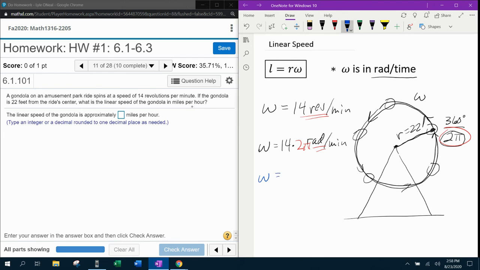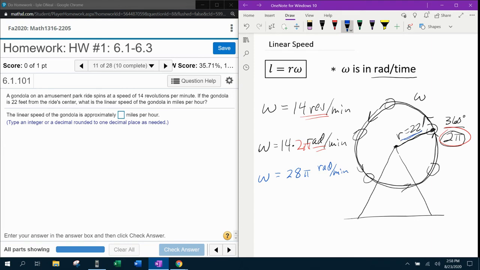So our angular speed is going to be 14 times 2, which is 28 pi radians per minute. Okay, so there's our angular speed in radians per minute.